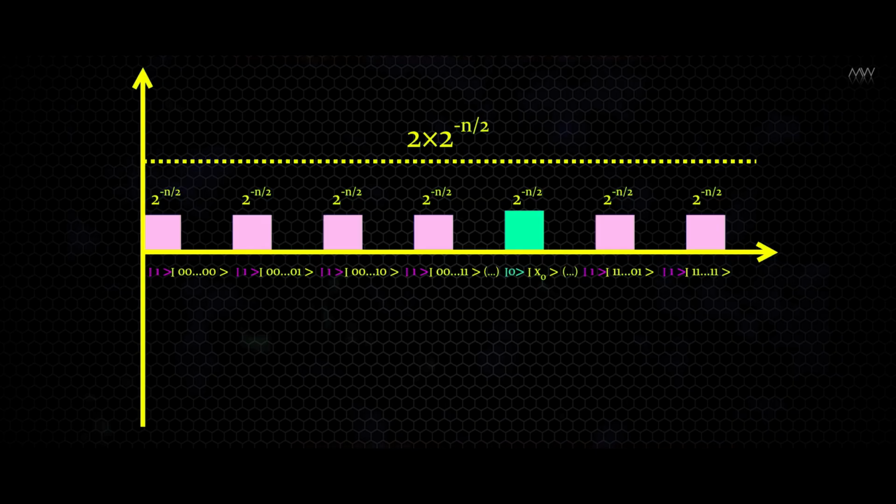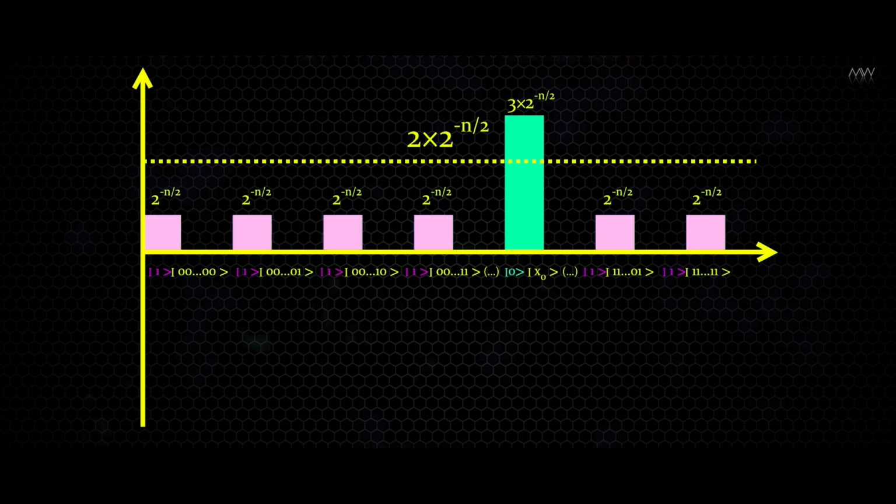So essentially we're just flipping the amplitudes back up, slightly reducing each of them, but something different will happen to the amplitude of the component containing our solution. 2 times 2 to the power of minus n over 2 plus 2 to the power of minus n over 2 will give us 3 times 2 to the power of minus n over 2. In other words, this operation will result in a slight decrease in the amplitude of the other states.